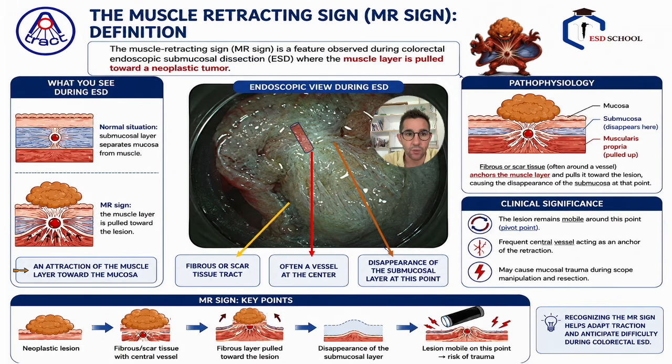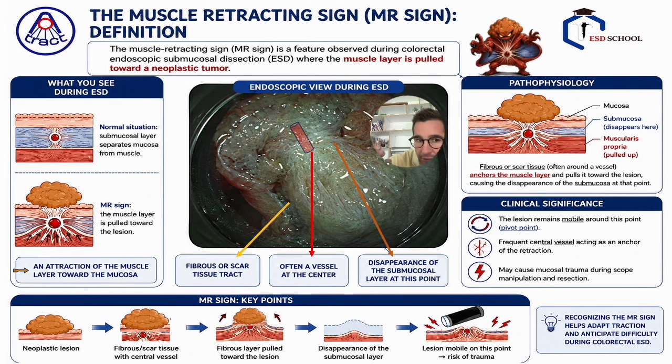After that, what is it clearly? How can we define this muscle retracting sign? It is a feature observed during endoscopic submucosal dissection, because we try to find a layer between the muscle and the dysplasia, the nodular lesion. But in this particular situation, there is no more submucosa at the center of the lesion, where the muscle is attracted.